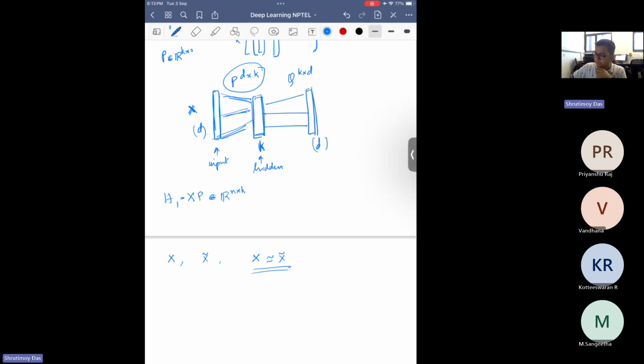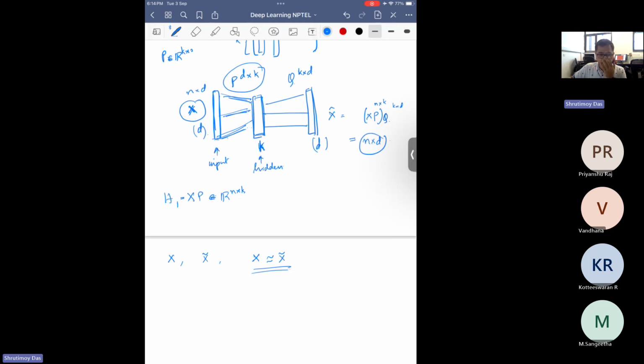Here you get some x hat, which is xp times q. So xp is n cross k, q is k cross d, and now you get an n cross d matrix.